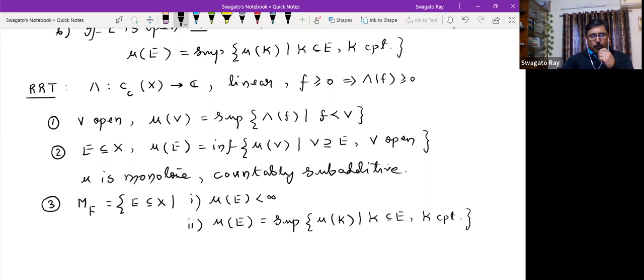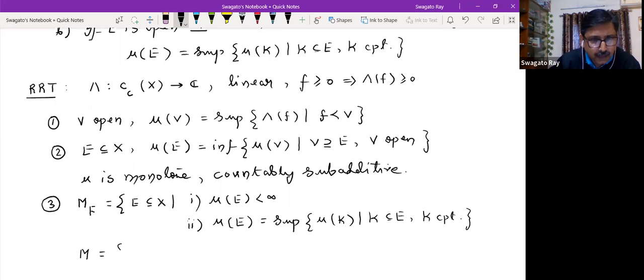Now, what I can see is MF has been very cleverly defined in such a way that sets with finite measure which satisfy the inner regularity property have been carefully selected inside MF. Right now, I don't know whether anybody belongs to MF or not. And then one defines something called M, which we are going to see is actually a sigma algebra. I will not show it, but Rudin shows that M is a sigma algebra, and MF will have a much simpler description.